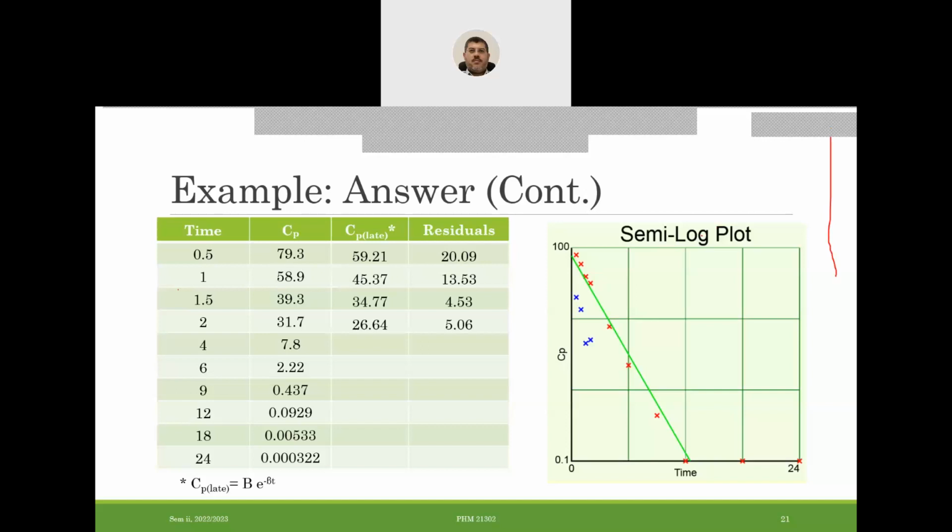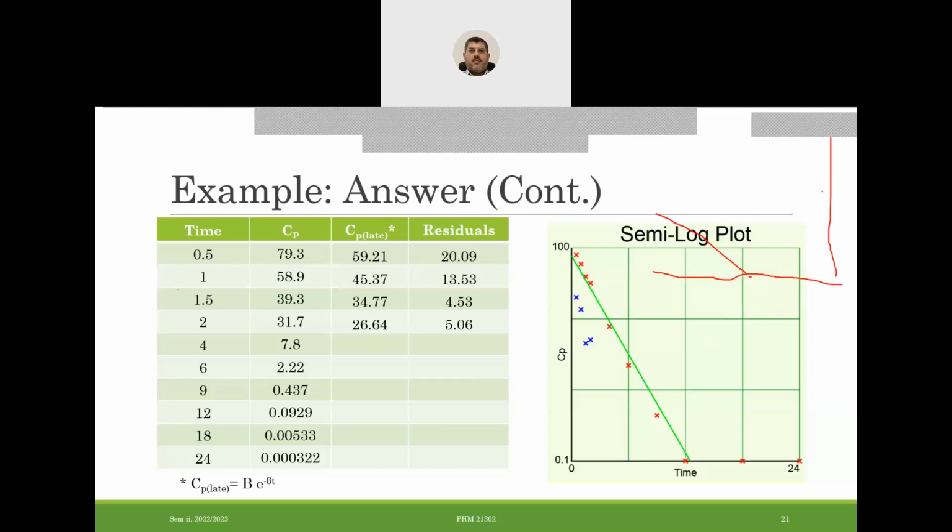Okay. So suppose that you have an exponential decrease like this. The first thing is to extend, to extrapolate, the terminal phase.